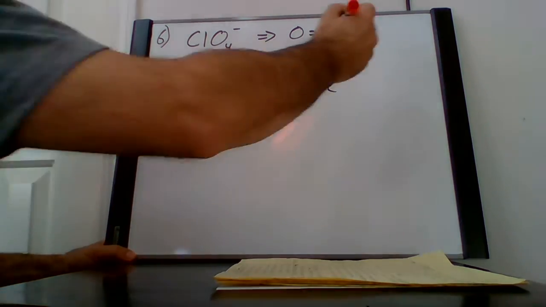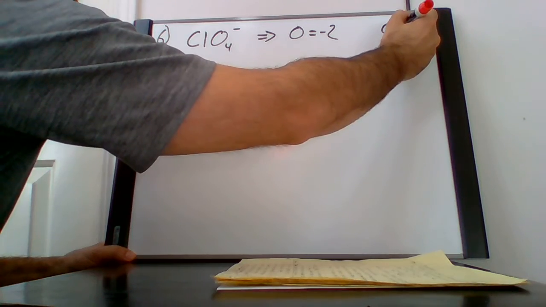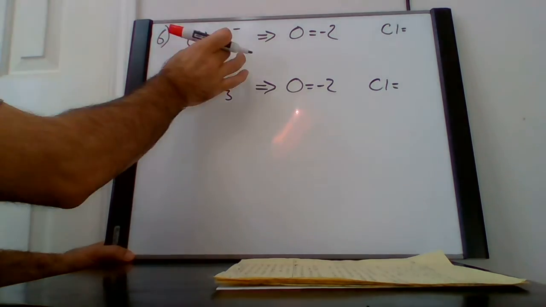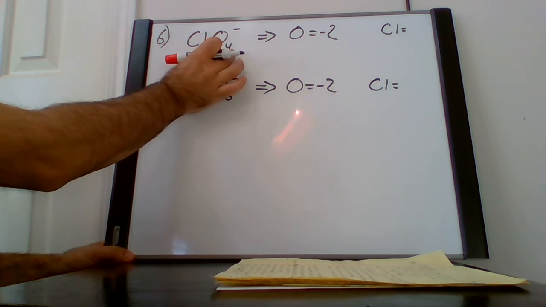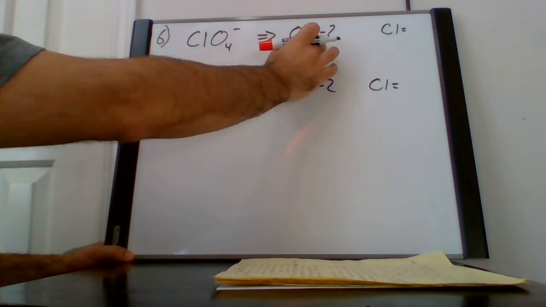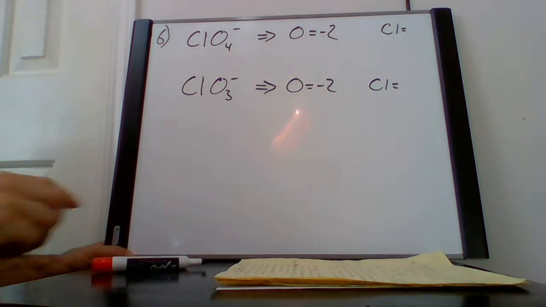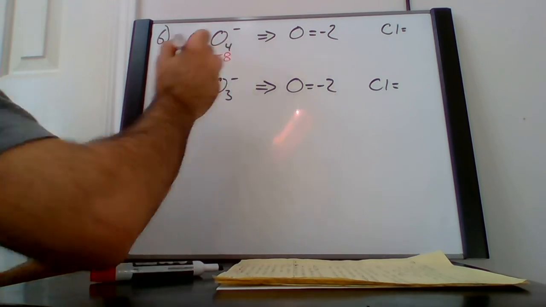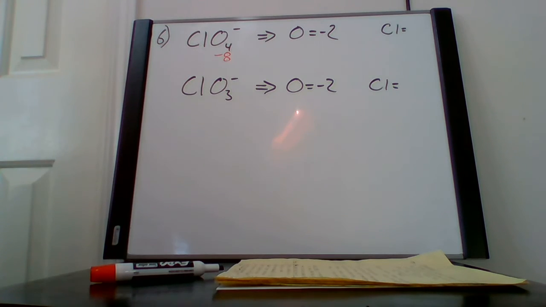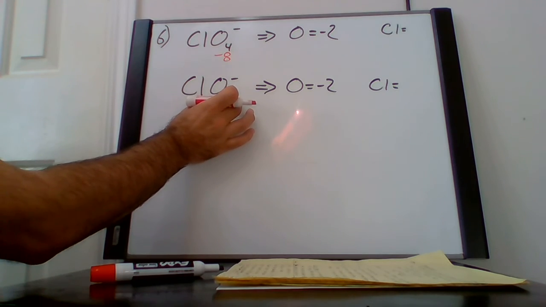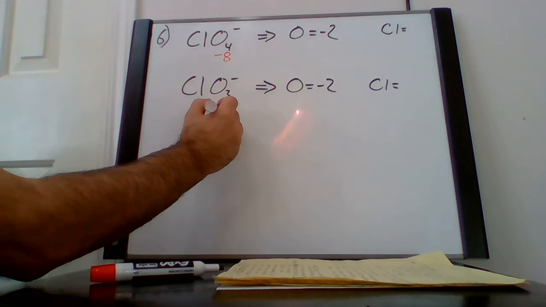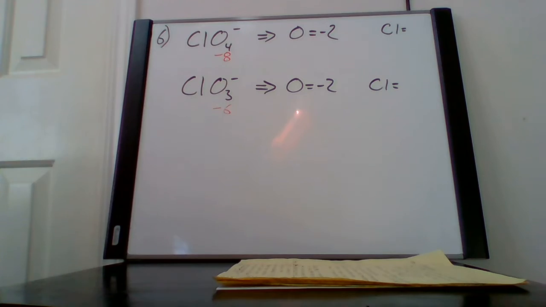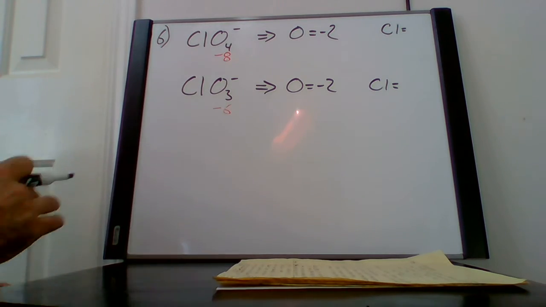Okay, and so we need to find out what is our apparent charge on these chlorines. Well, I've got 4 oxygens, so 4 times -2 means I've got a -8 charge on my oxygens. Down here, I've got 3 oxygens at that -2, so that means I have a -6 charge or oxidation state for those 3 oxygens here.